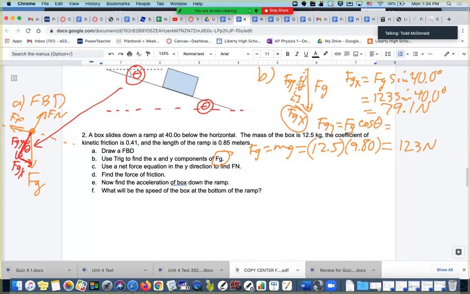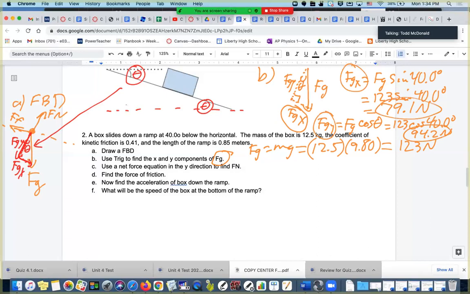So you're going to get 123 cosine of 40. Use your calculator again, hit cosine of 40, multiply by 123, and this time you get 94.2 newtons. So that is our y component, and our x component is 79.1, okay?